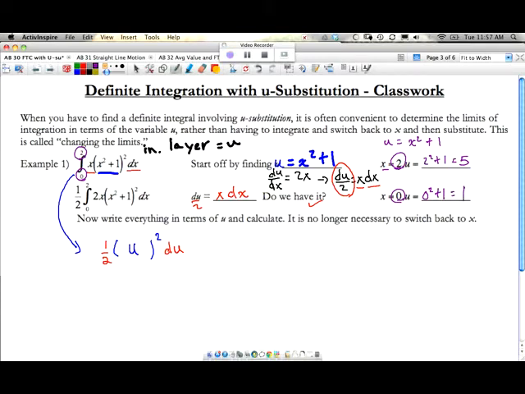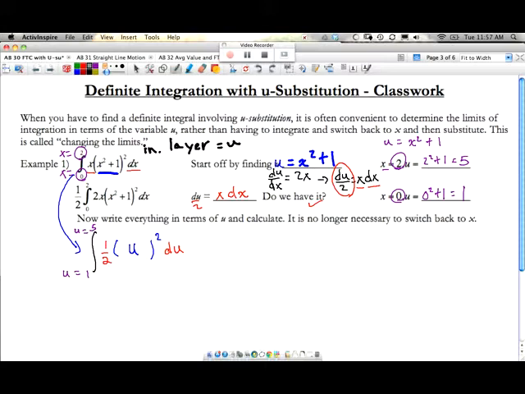So now, instead of saying x equals 0 and x equals 2, it's going to be u equals 1 for the lower limit and u equals 5 for the upper. So not only do we have to change all this stuff on the inside, I also have to change the other pieces, the top and bottom evaluations.